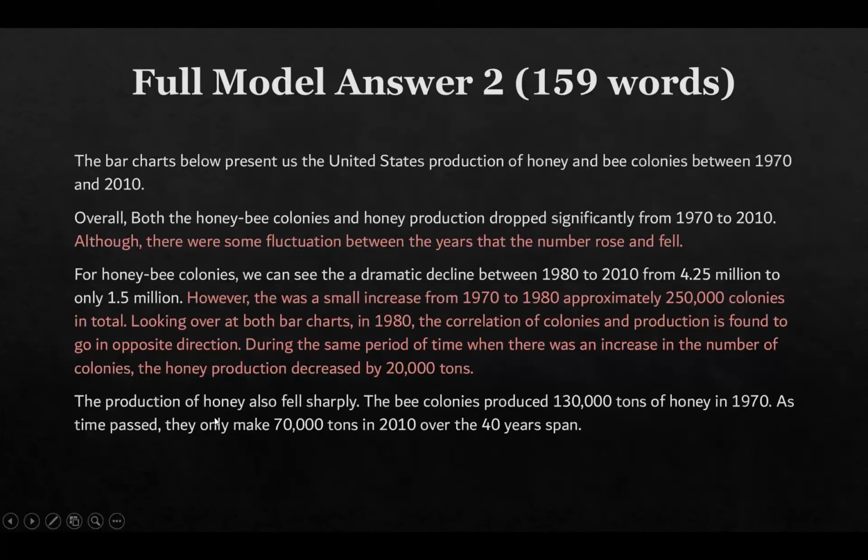And production of honey also fell sharply. The bee colony produced 130,000 tons in 1970. As time passed, they only made 70,000 tons in 2010, over 40 years span.